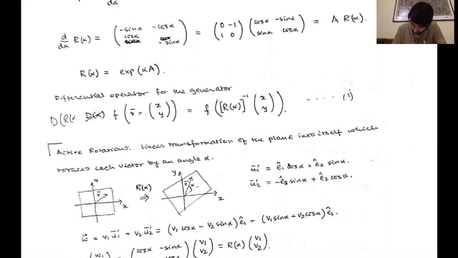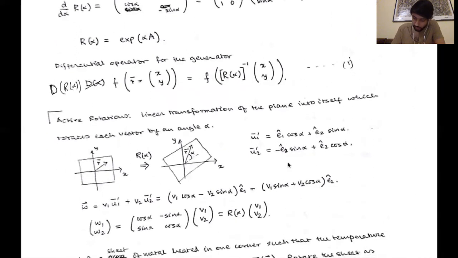What I want to show you is that D of R alpha, the representation of some matrix R alpha, is acting on f at xy, and this goes to something. Okay, now you would be asking me, why do I have to go to R inverse of xy? So let me try and clarify that.